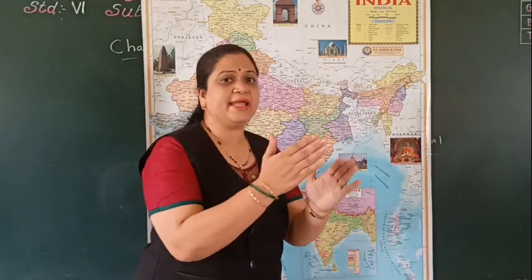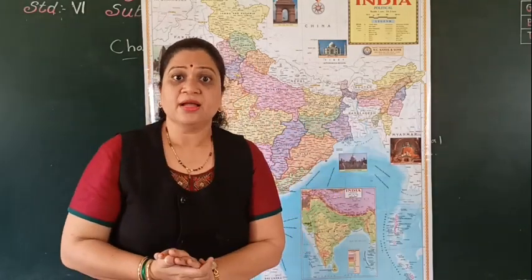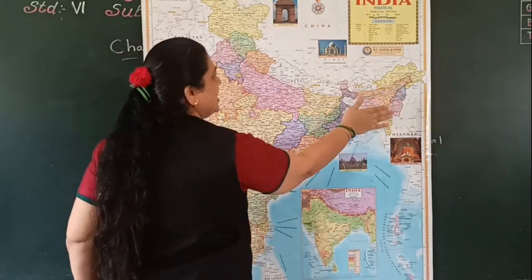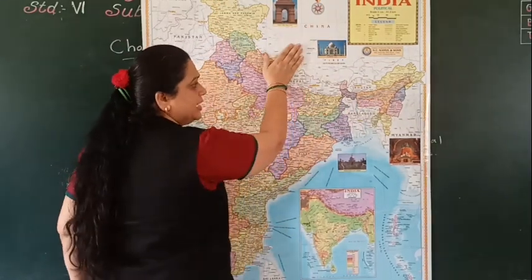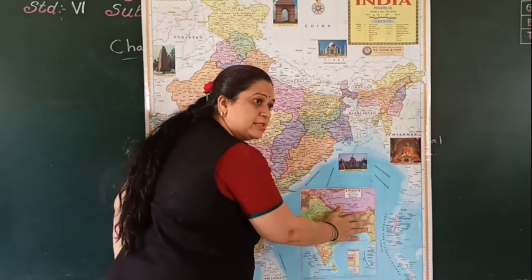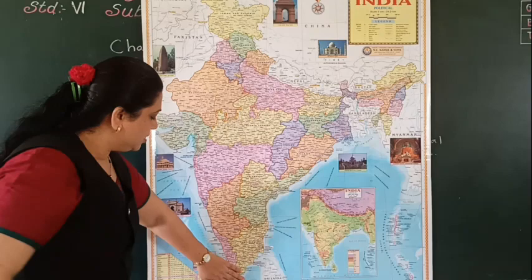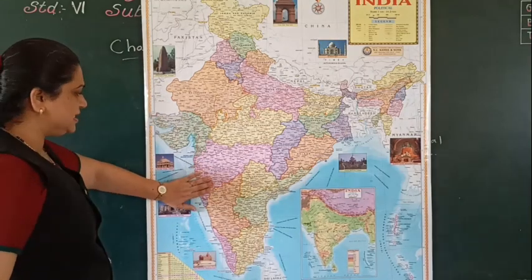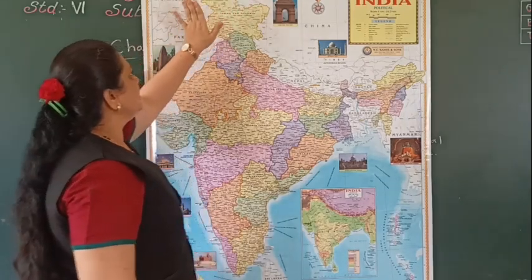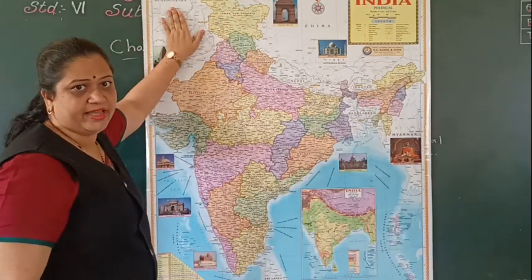Again children, in directions there are sub-directions, cardinal directions. What are they? Between north and east, this is the northeast. Between east and south, this is the southeast. Then south and west, this is the southwest. And west and north, it is the northwest.